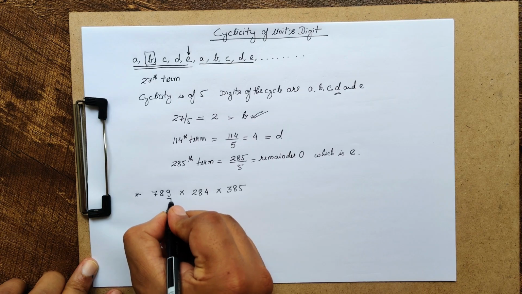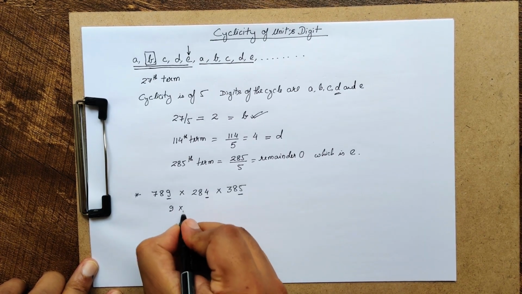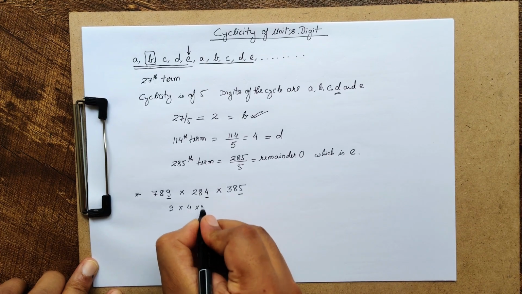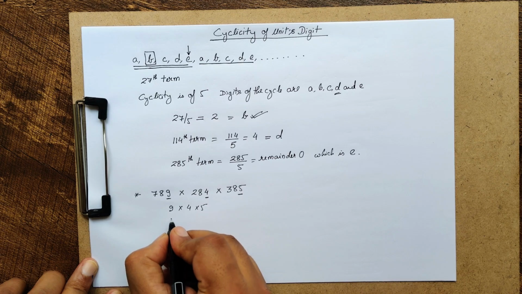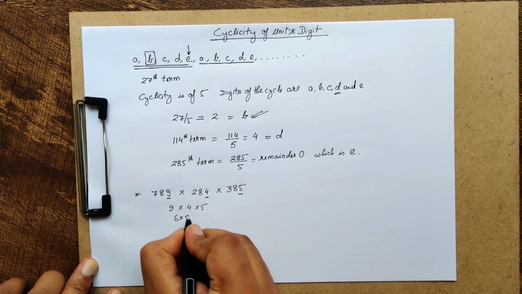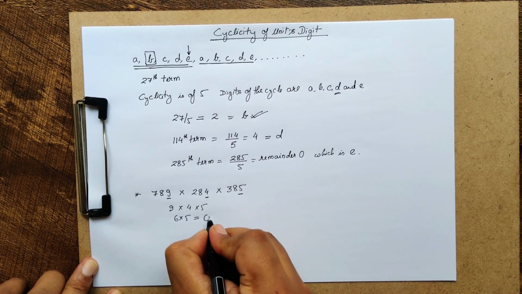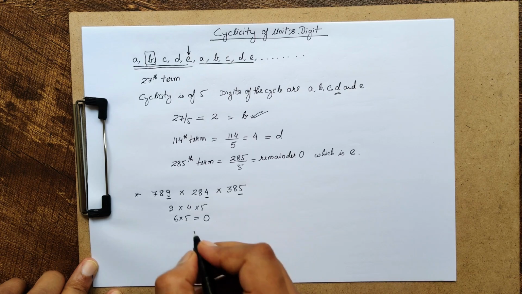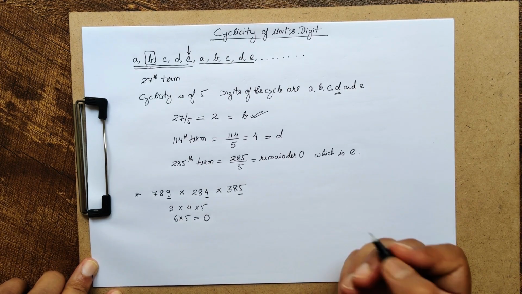So we will take the digits at the units place and multiply them. We can write it as 9 into 4 into 5. Now 9 into 4 is 36. We don't even need the 3, we just need 6 into 5 and we will get 30. So the digit at the units place is 0.